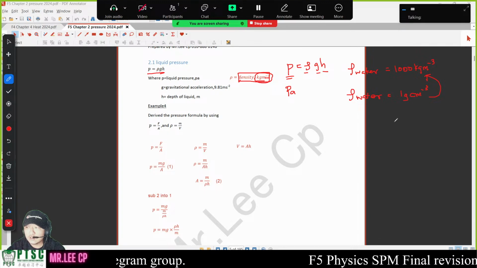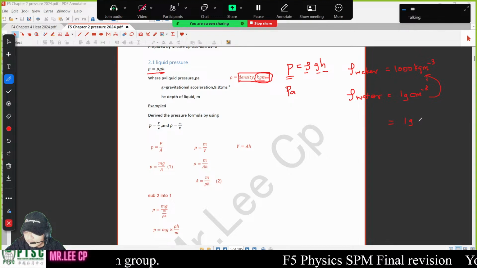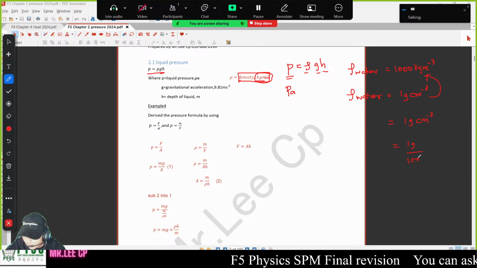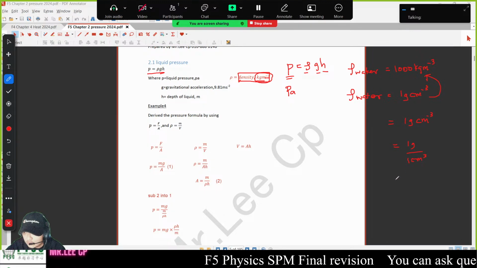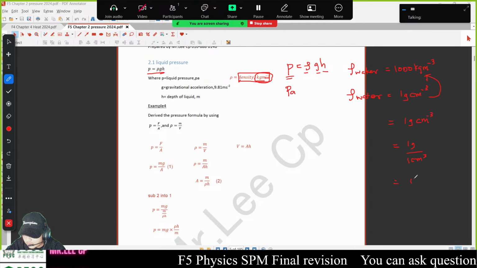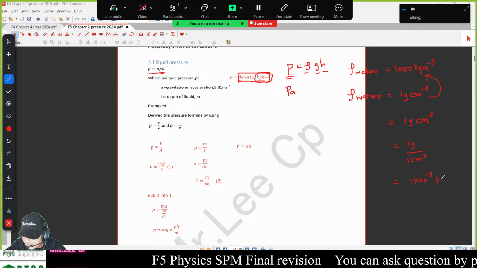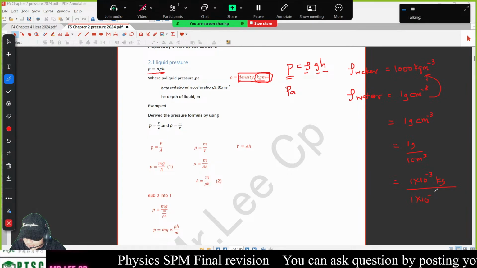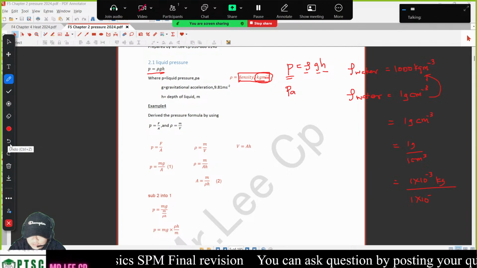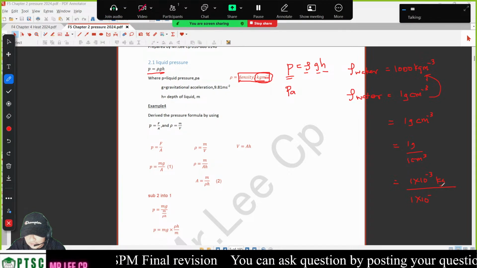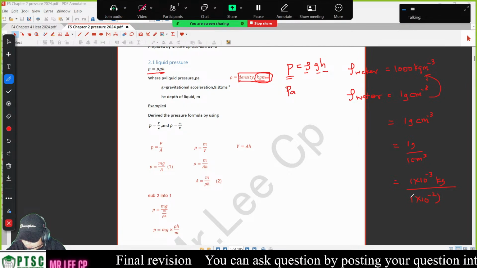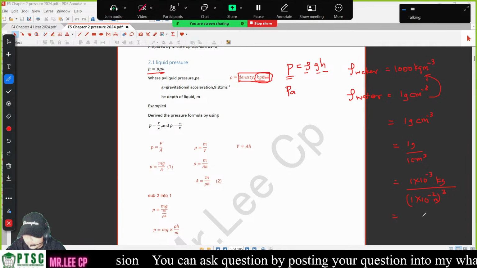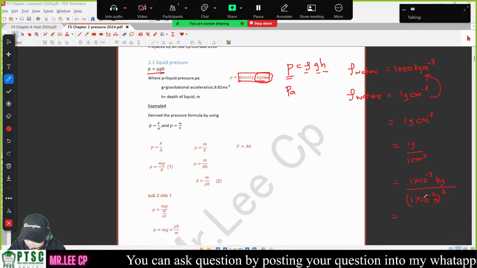How to convert it? 1 gram cm minus 3 is equal to 1 gram over 1 cm cube. Gram to kg is 1 times 10 to the negative 3 kg. 1 cm cube is 1 times 10 to the negative 6 meter cube, since the prefix c is negative 2, cubed gives 6.